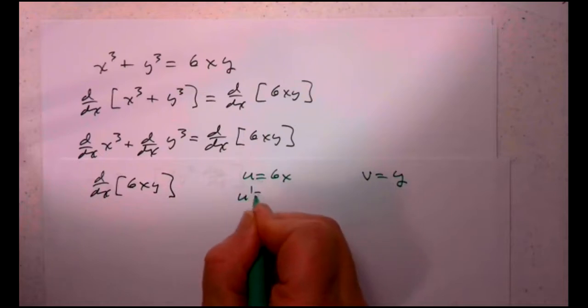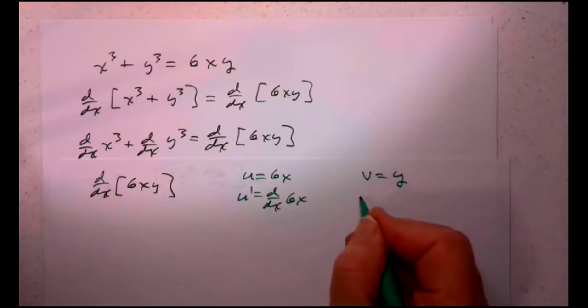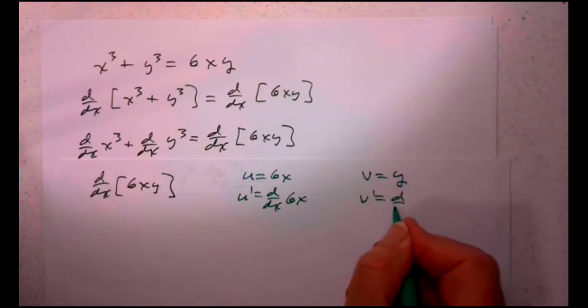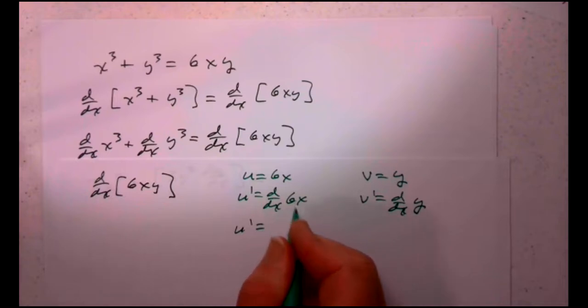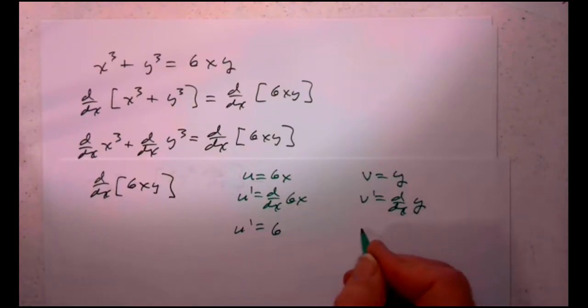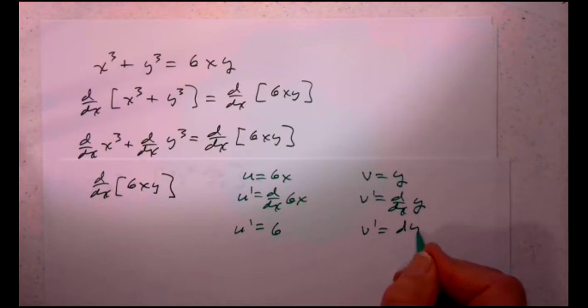U prime is the derivative with respect to x of 6x, and v prime is the derivative with respect to x of y. U prime, the derivative with respect to x of 6x, is 6. The derivative with respect to x of y is dy/dx, almost by definition.